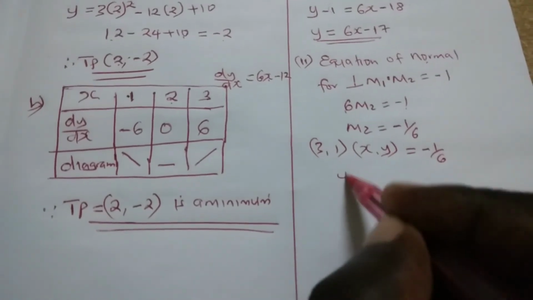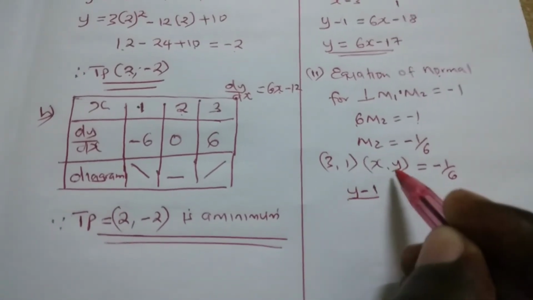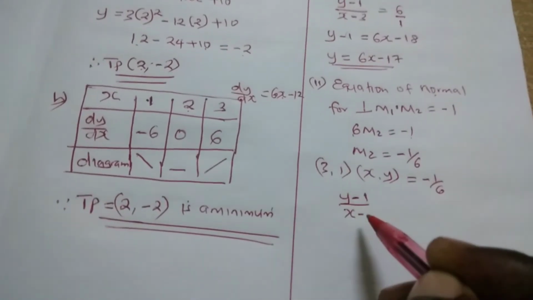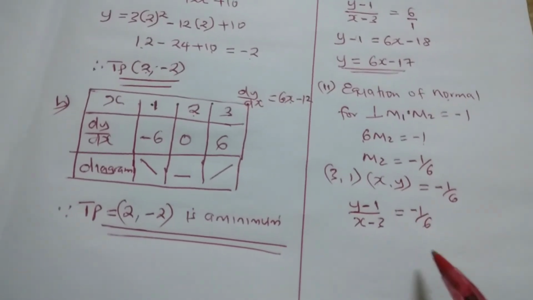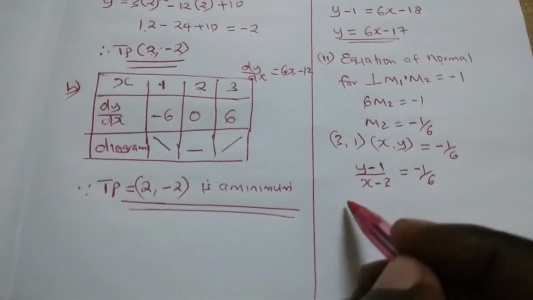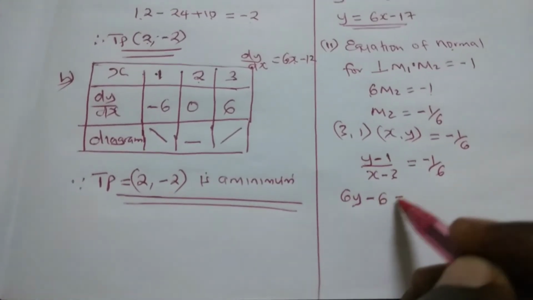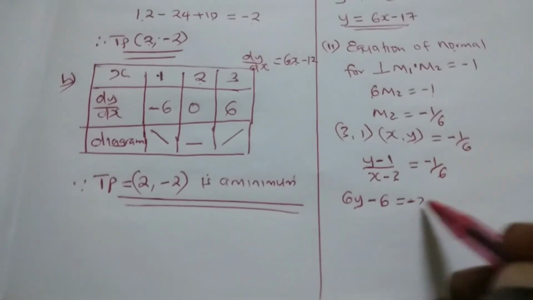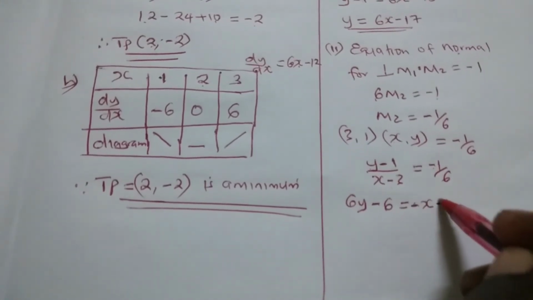We take the change in y coordinates, so that is y minus 1 divided by x minus the value of x, which is 3, and this must give us negative 1 out of 6. If you cross multiply here, we have 6 times y, which gives us 6y. Then 6 times minus 1 will give us minus 6, which is equivalent to negative 1 times x, which gives us minus x. Then minus 1 times minus 3 will give us positive 3.